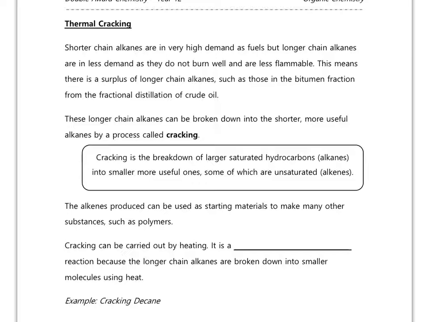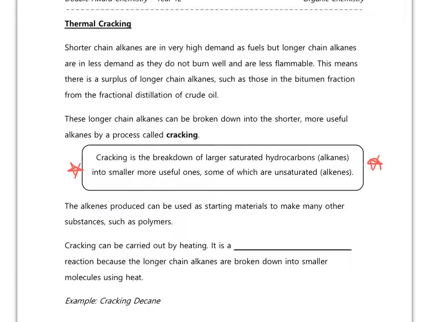So here's your definition here, that the thermal cracking is the breakdown of longer or larger saturated hydrocarbons, alkanes, into smaller, more useful ones, some of which are unsaturated. And we'll talk about that in a wee second when we look at an example. And the alkenes that we produce as well, they can be used as starting materials to make other substances such as polymers, which are quite often used to make useful materials like plastics.